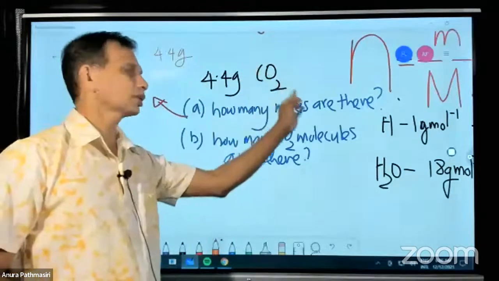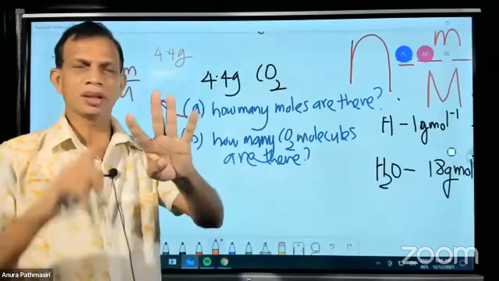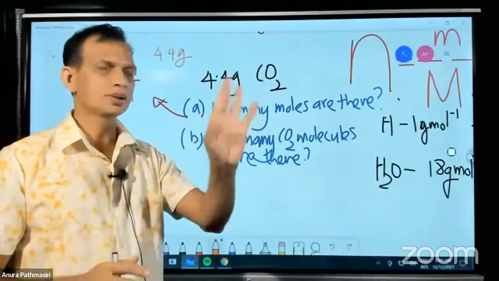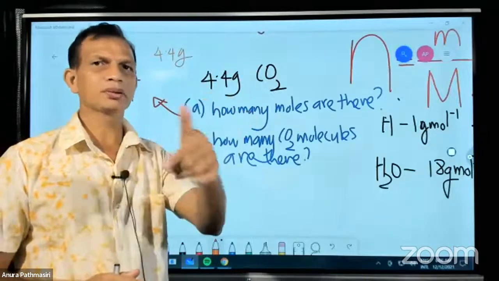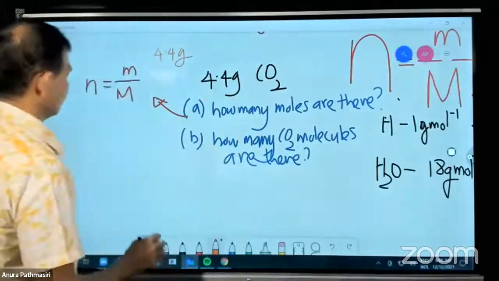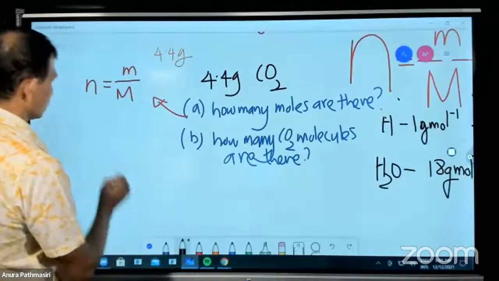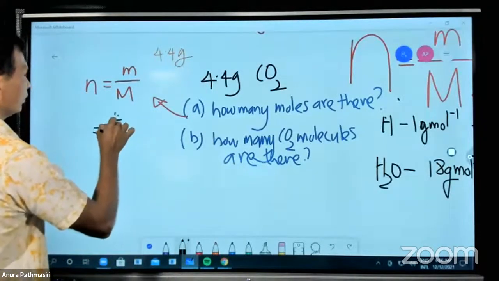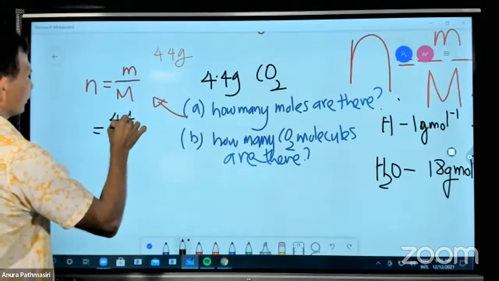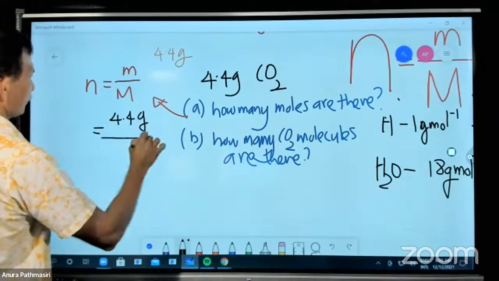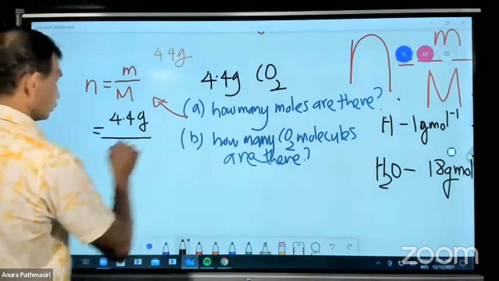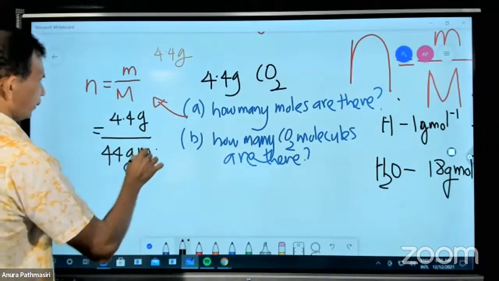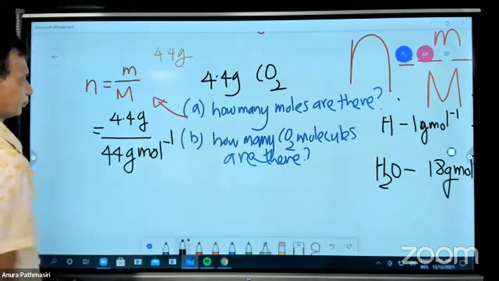There are 2 oxygen atoms, so 16 plus 16 making 32. Carbon is 12. 32 plus 12, 44. So going to substitute it: n equals 4.4 gram divided by capital M, 44 gram per mole.